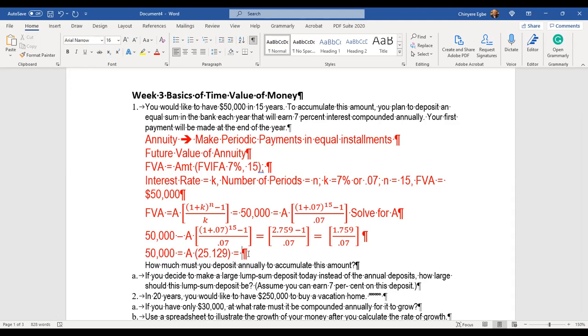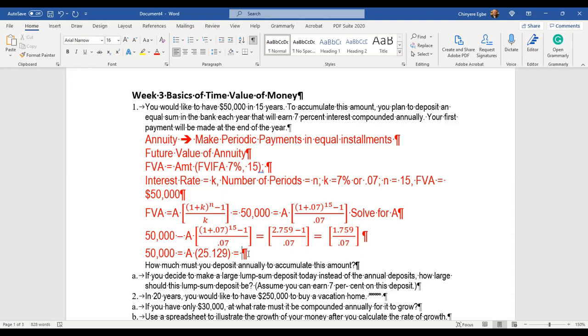No. I'm dividing it, 50,000 by 25.129. No, you're not correct.